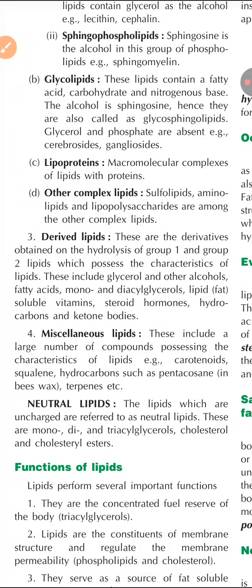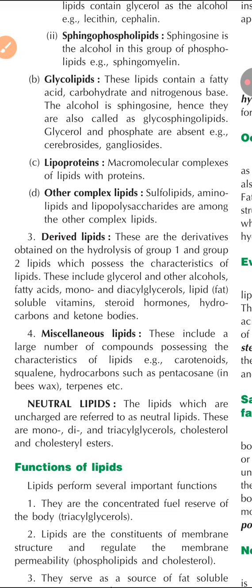Then we have miscellaneous lipid. This one I don't think they're going to teach you, but this one is not under your course content. I don't think so, but maybe you are going to touch it also. So we have neutral lipid. The lipids such as on the chart are referred to as neutral lipid.